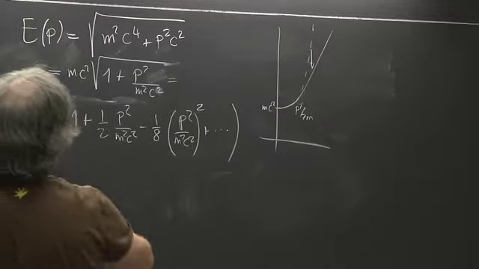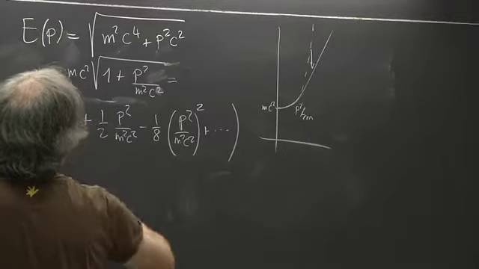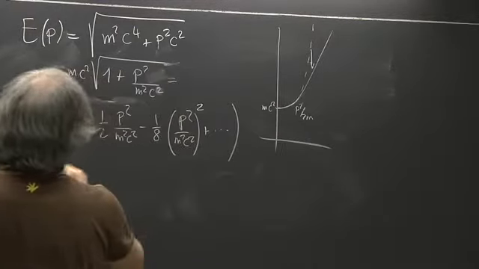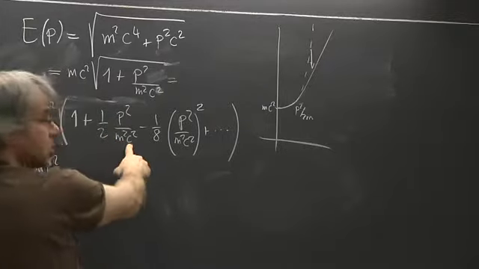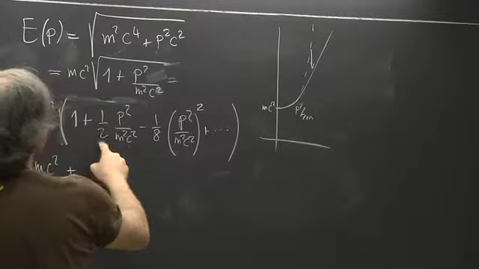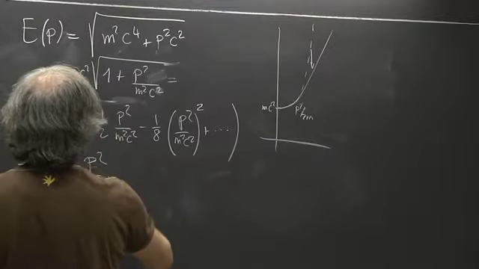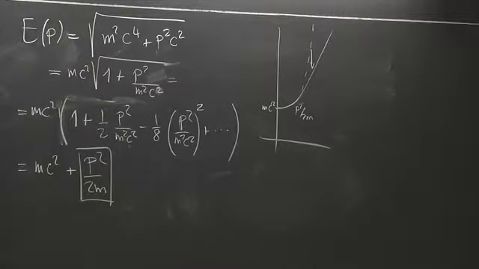Okay, so let us now multiply by mc squared. I get mc squared, as promised, plus, you see here, mc squared cancels this c squared there, and there is only one m remaining with a factor of 1/2: p squared over 2m. This is what we always use.